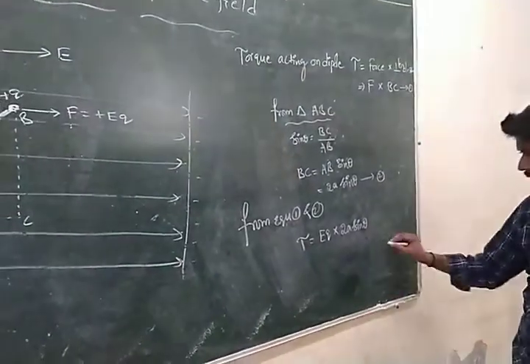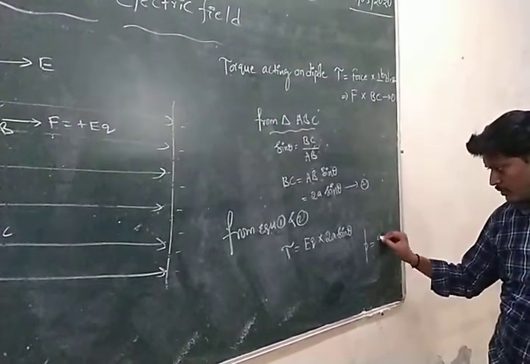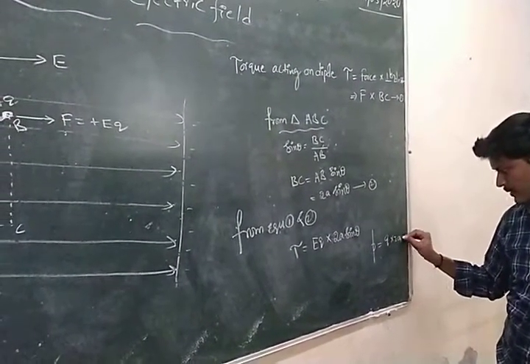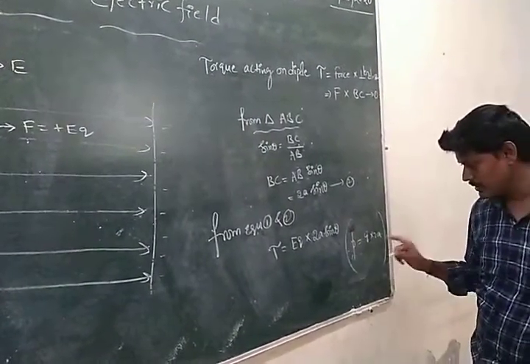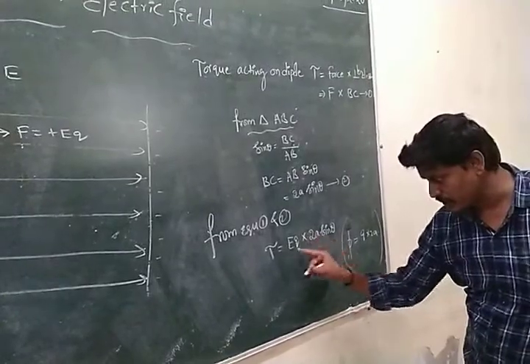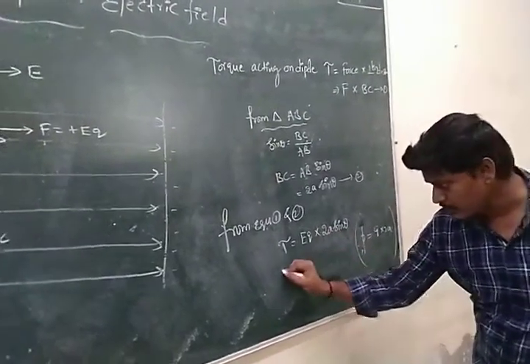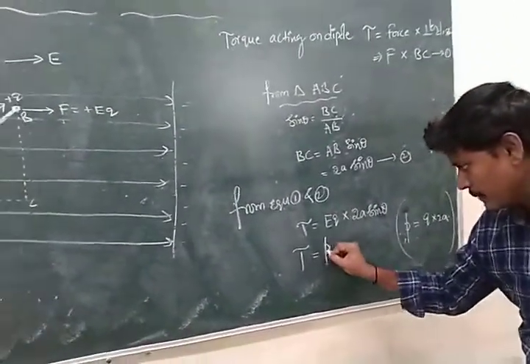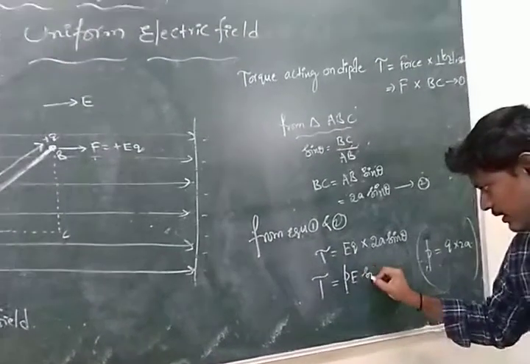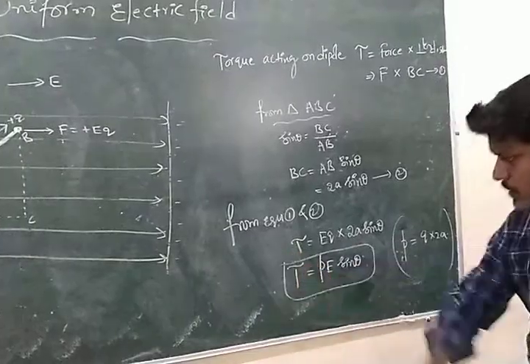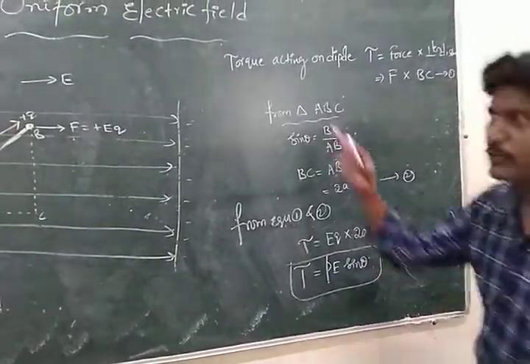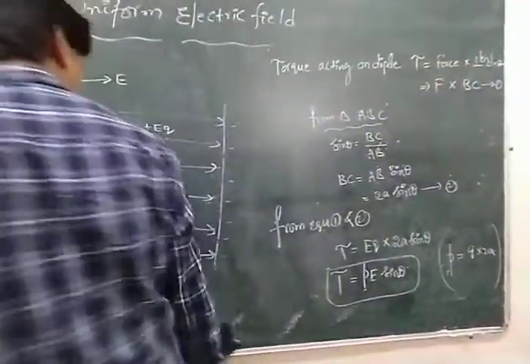From the dipole moment formula, P is equal to Q into 2a. So instead of Q into 2a, we can write P. Therefore tau is equal to PE sin theta. This is the torque experienced by the dipole in the uniform electric field.